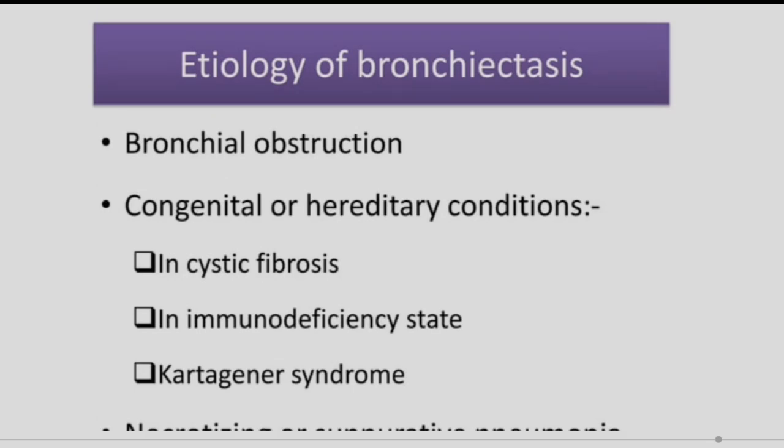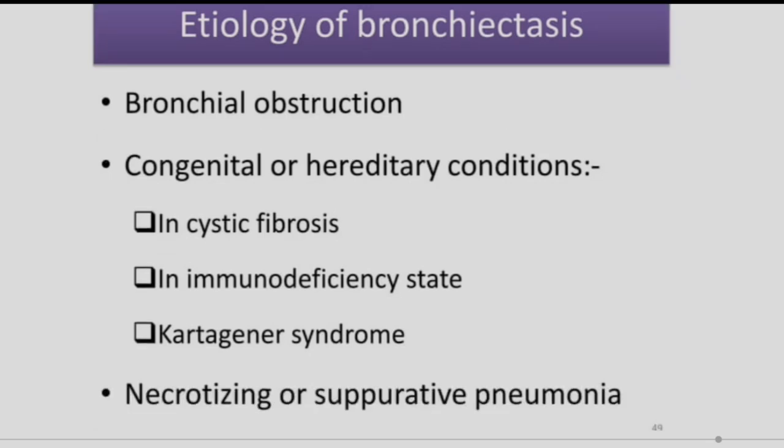Etiology of bronchiectasis is bronchial obstruction, that is, an obstruction of the bronchi. Congenital or hereditary conditions are cystic fibrosis, immunodeficiency states, and Kartagener syndrome, which is an example, so it's here. Necrotizing or suppurative pneumonia.